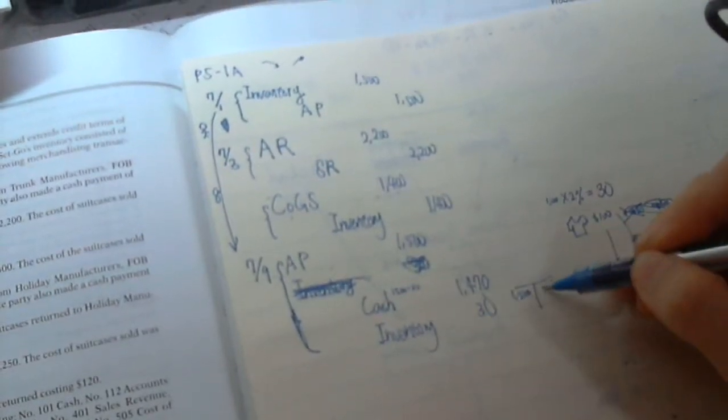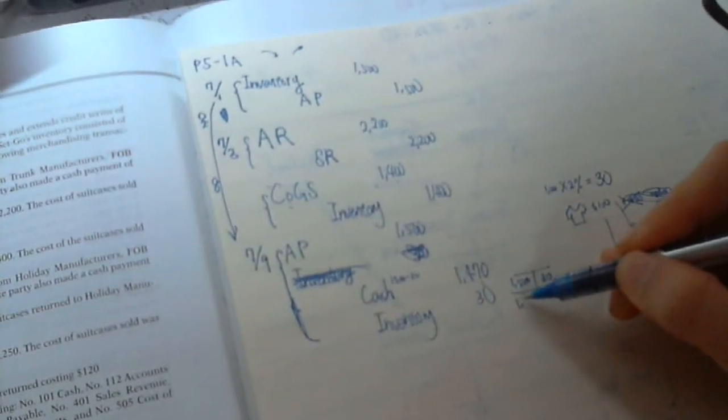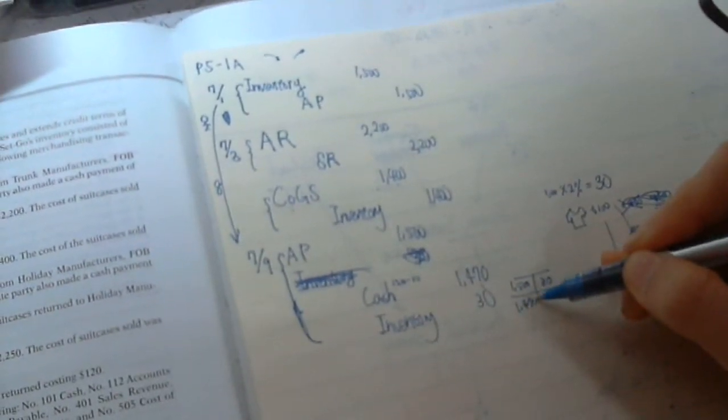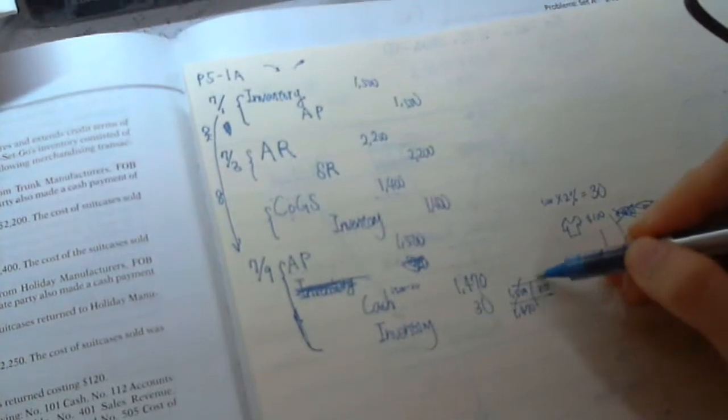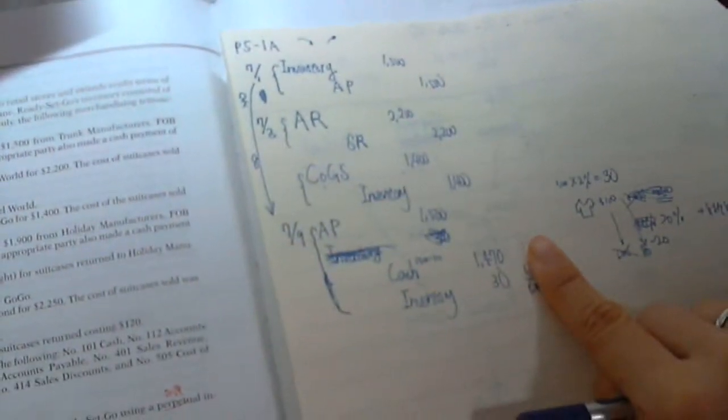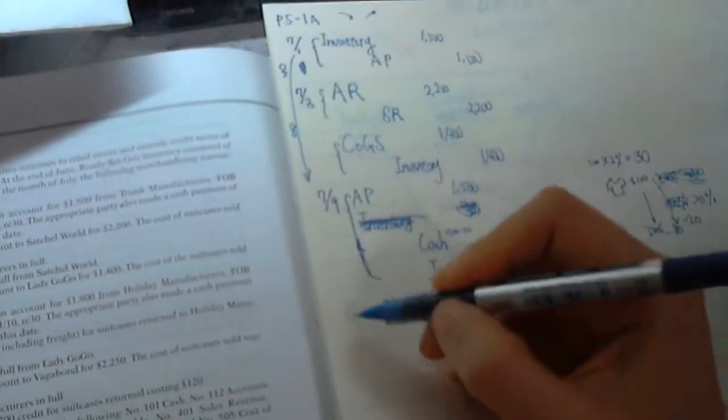But now we are putting on a different side, so our inventory actually becomes cheaper. It's only worth $1,470. Okay, so you don't need to write this one. Okay. So we keep going on.